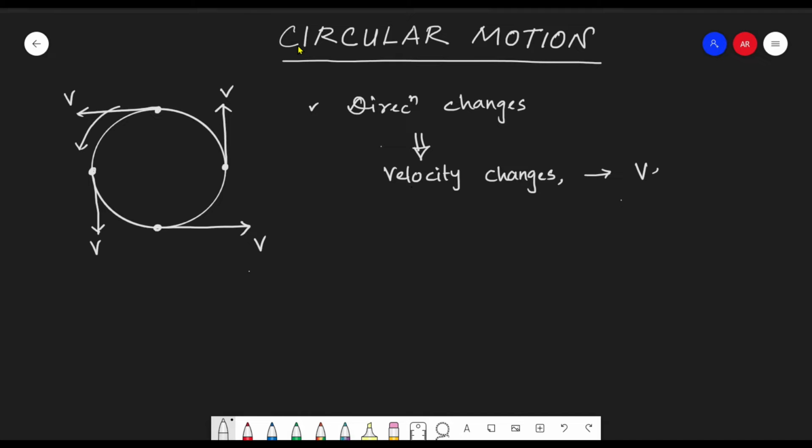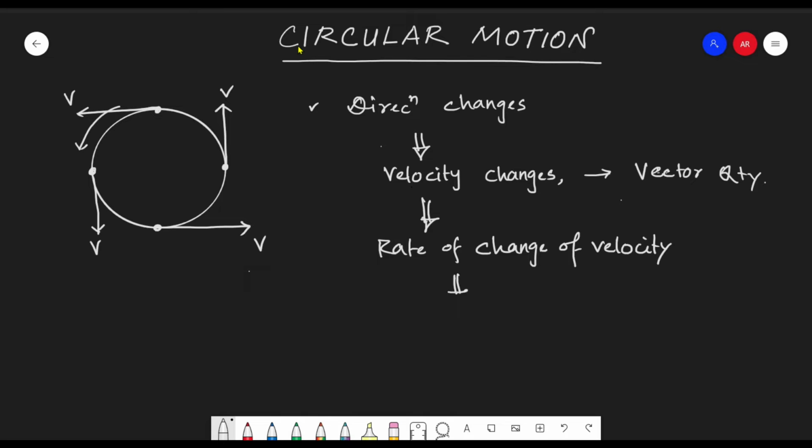Now you see the direction of the velocity at any particular point is along the tangent. So when we look at this point and that point, we do not see the velocity acting in the same direction. The velocity keeps changing direction, and these are the 4 points we located on the circle, and we see the direction of the velocity at each point.